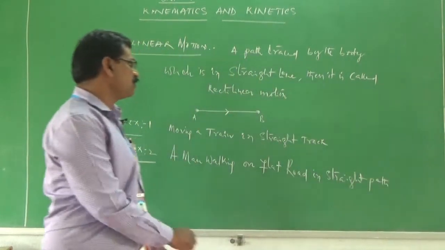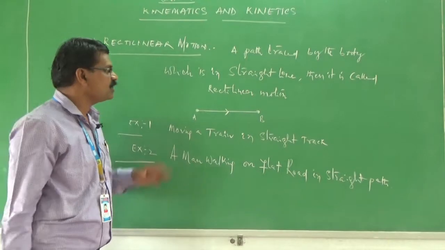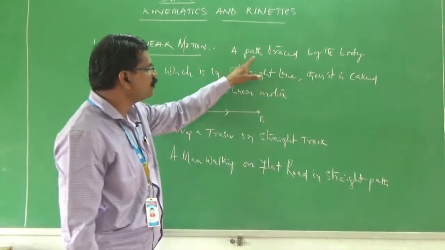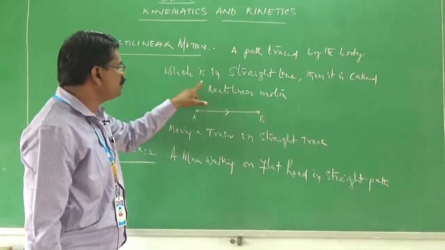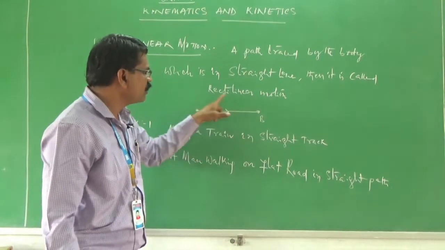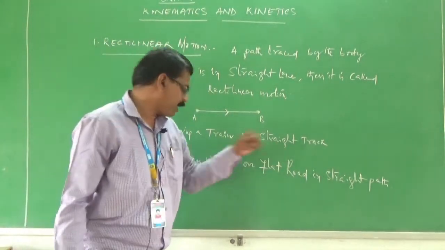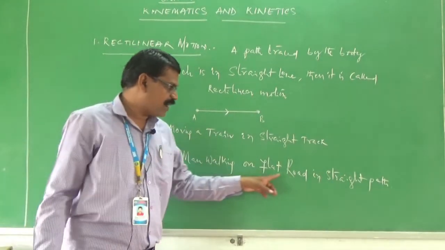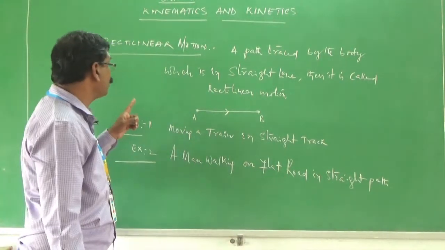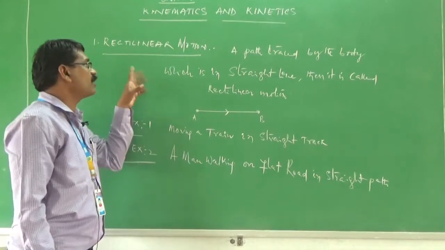These are the best examples coming under rectilinear motion. As I told you very clearly, a path traced by the body which is in a straight line is called rectilinear motion.